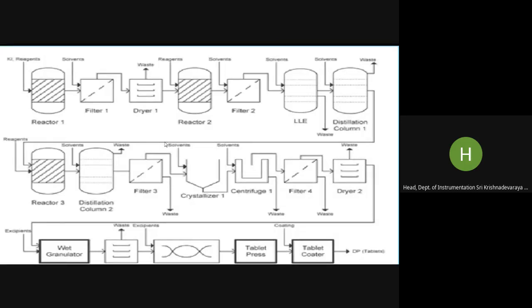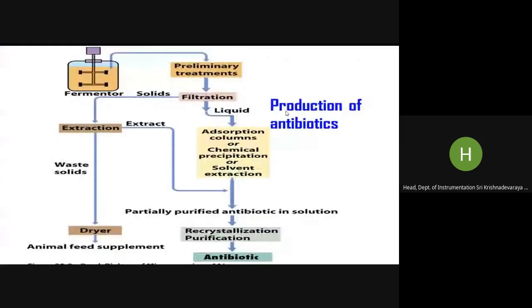If we go deeper into the production of antibiotics, it happens mainly in the fermenter. We will see what exactly a fermenter is. The output of the fermenter is taken through preliminary treatments, and then it is filtered, and then liquid comes. After filtration, the solids go to the continuous extraction part. The extract of it comes back to join the liquid, and the waste solids of extraction go to a dryer.